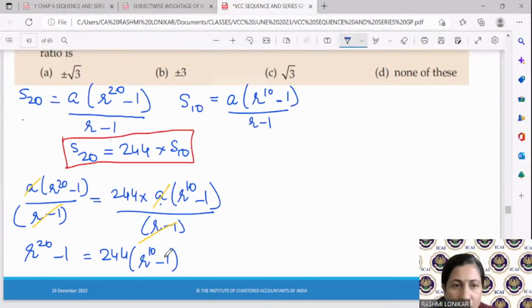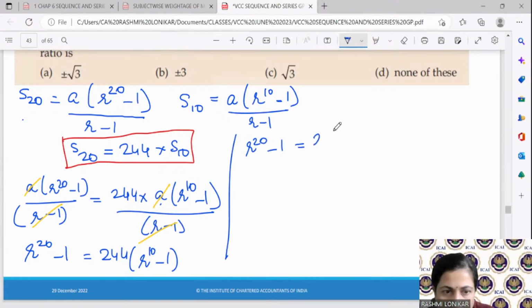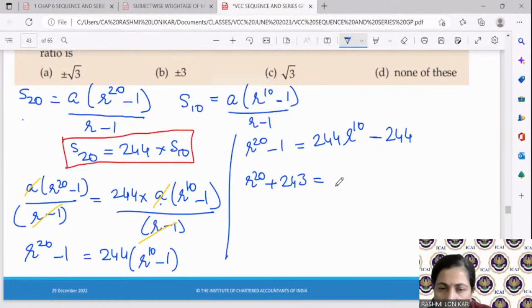I open this bracket: R raised to 20 minus 1 is equal to 244 R raised to 10 minus 244. So I take this here, and I get R raised to 20 plus 243 is equal to R raised to 10.